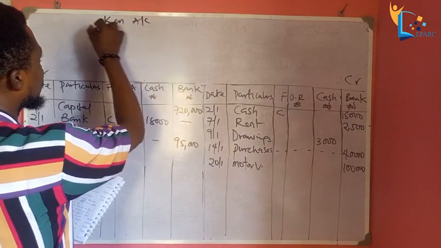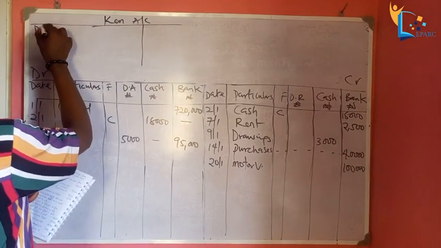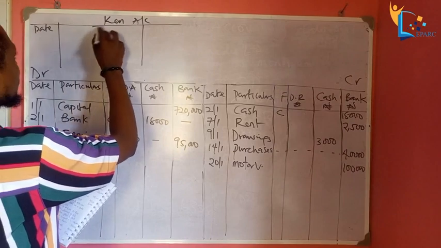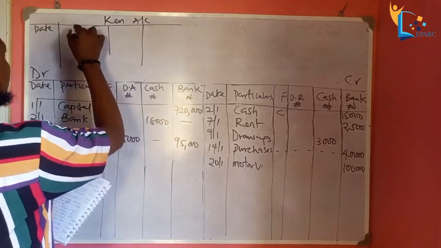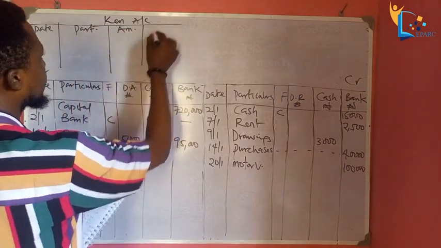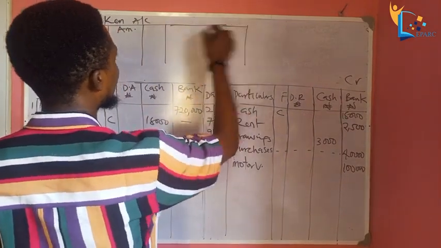Ken account. Okay? Dates, particulars, amount.